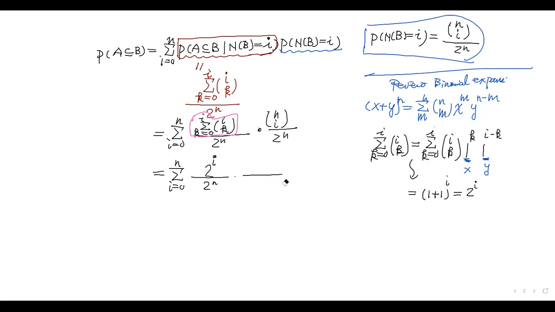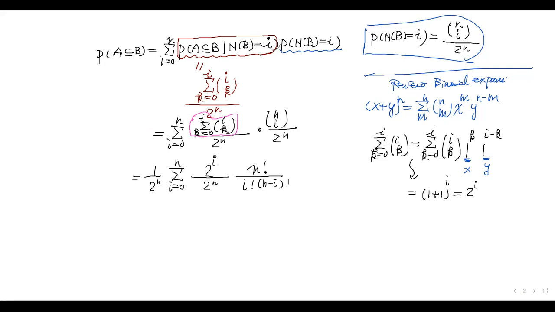I can move this 1 over 2 to the n to the front, to make it a little bit easier. So this is 1 over 2 to the n, then n factorial over i factorial times n minus i factorial here.